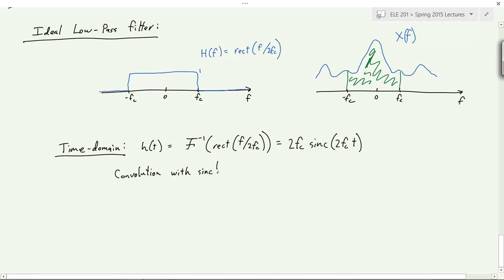So when you convolve with the sinc function, you're doing an ideal low-pass filter. Again, I can draw the sinc function. Here's t. Here's 0. Here's 1 over 2fc, 2 over 2fc, and so forth.